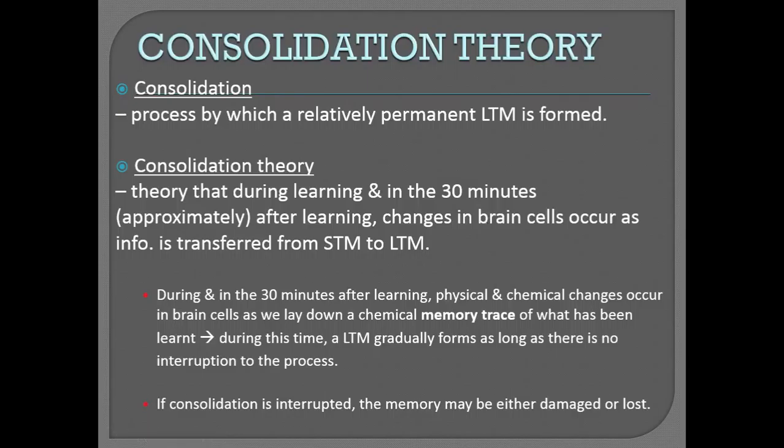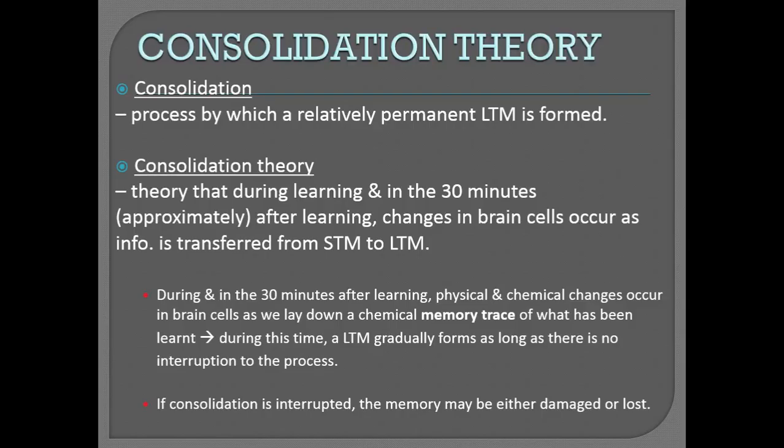Physical changes. In the last video, we talked about memory traces, and how having stronger memory traces meant a greater ability to remember later. Physical and chemical changes occur, such as more dendrites, more neurotransmitters being released, and more axon terminals.